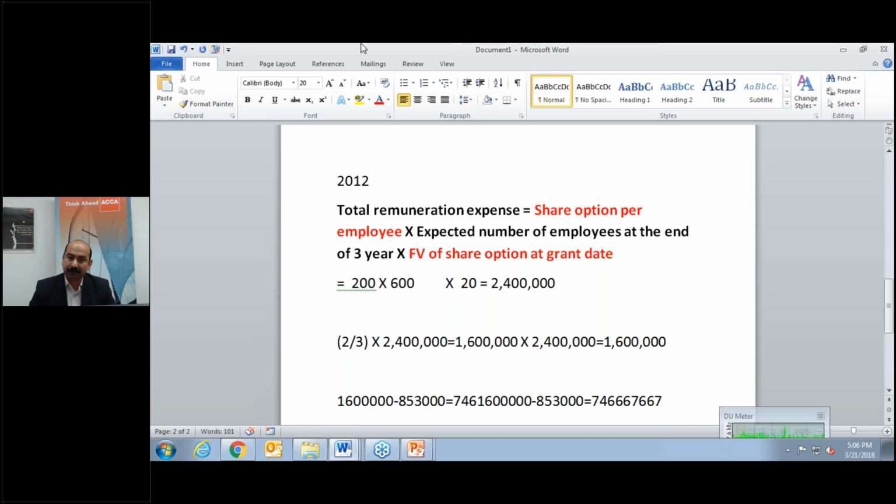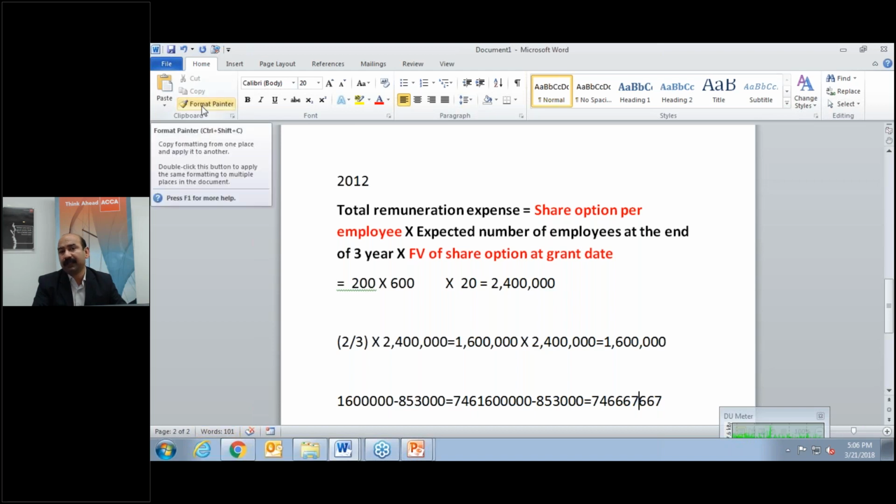We used that total remuneration expense just to calculate the expense for that particular year, and we recognized only that particular amount, 853,333 in year 1. So far as the rest of the amount is concerned, we have not treated this amount. So that's why in the second year we recalculated the total remuneration expense.